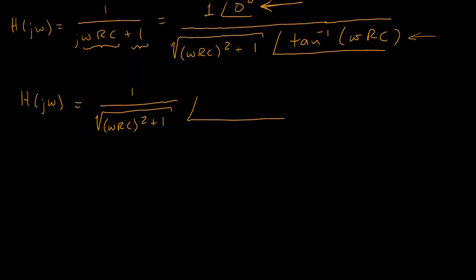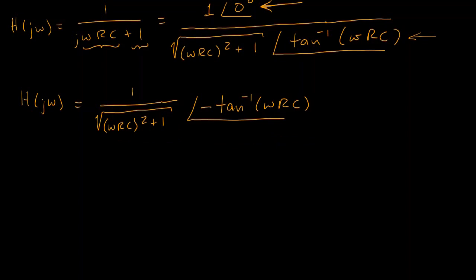So it's going to be 0 minus the arctangent of omega RC. Okay, so it's just the negative of the arctangent of omega RC. That gives us the complex form for H of j omega. It's the magnitude here and the phase here.